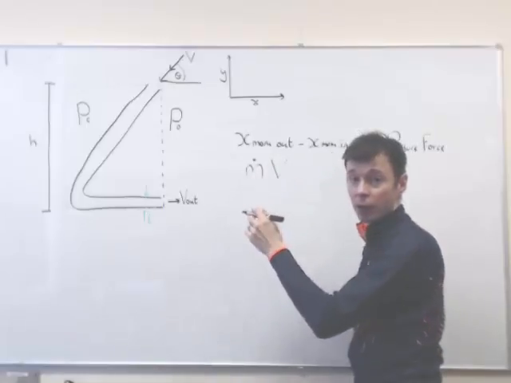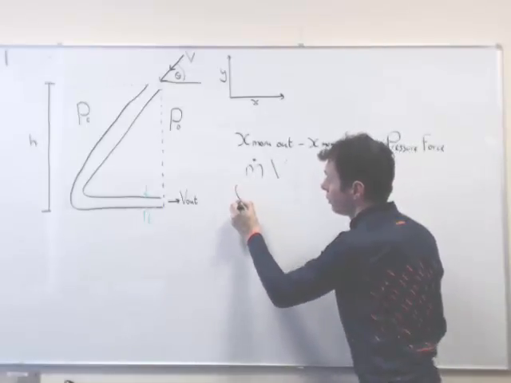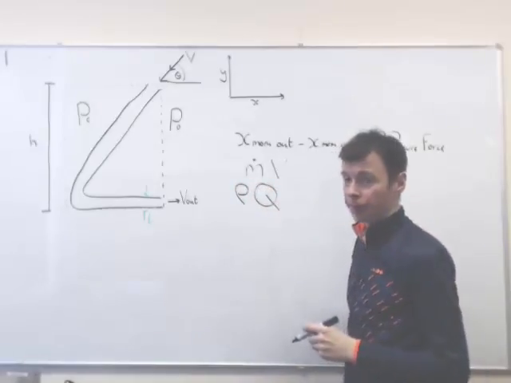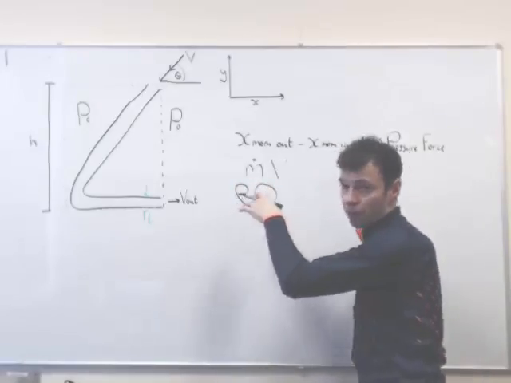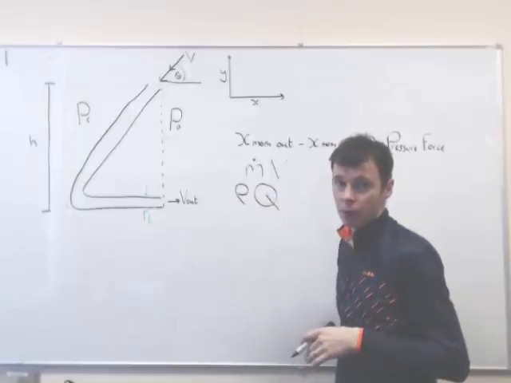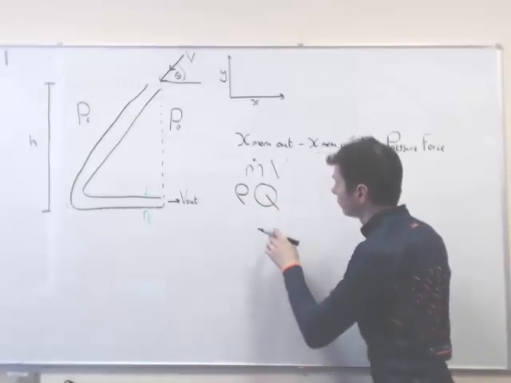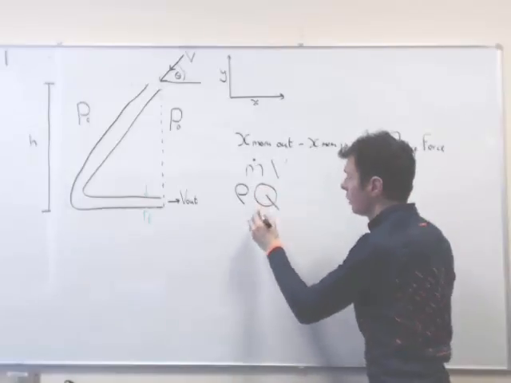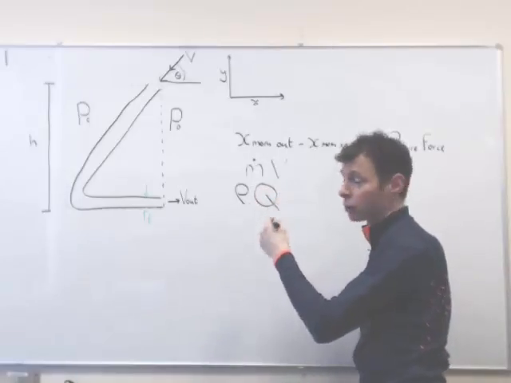Now that mass flow, kilograms per second, is also equal to rho Q. So it's exactly the same units and dimensions. So Q, as we know, equals u times A, so the velocity times the cross-sectional area.